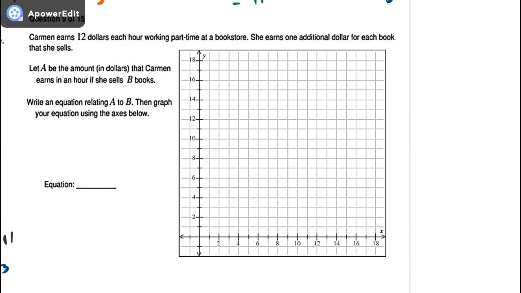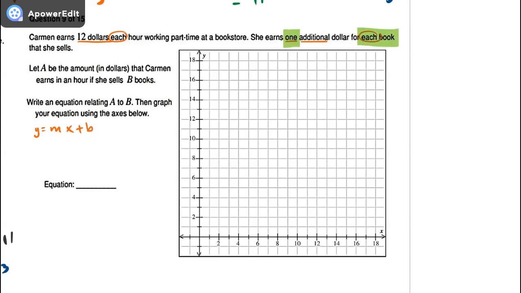We see that the equation is y equals mx plus b. M is the slope, b is the beginning. When I reread this quickly, Carmen earned $12 each hour working part-time at the bookstore. She earned $1 additional for each book that she sells. So the smaller unit in this case is $1 for each book that she sells.